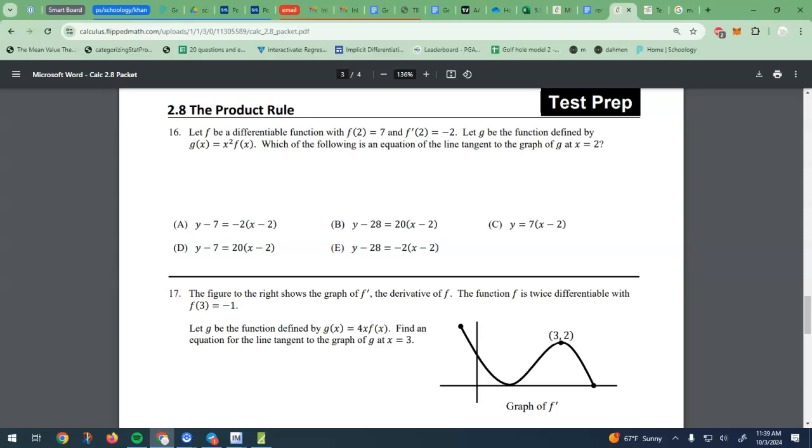Now, we want the slope when x equals 2. So I'm going to do f of 2 times 2 times 2. So that x goes in for all the x's, whether it's an f of x or just a straight up x. 2 squared and then f prime of 2.